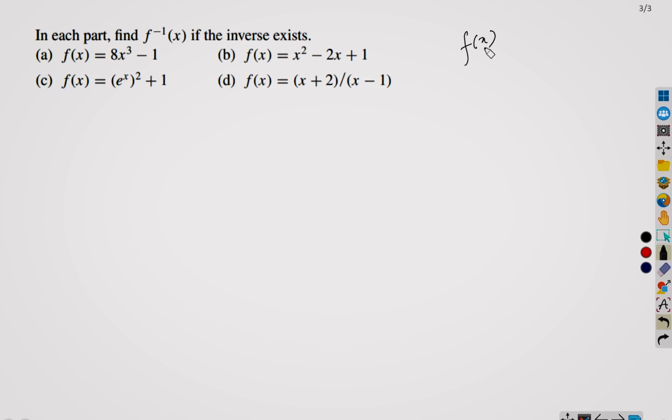We will say g is an inverse of f if g of f of x equals x. Actually, this also needs to hold. So whenever these two conditions are satisfied, we will say f and g are inverse to each other.